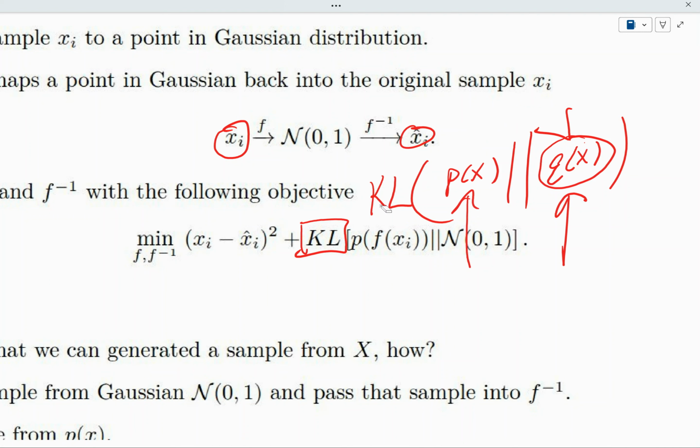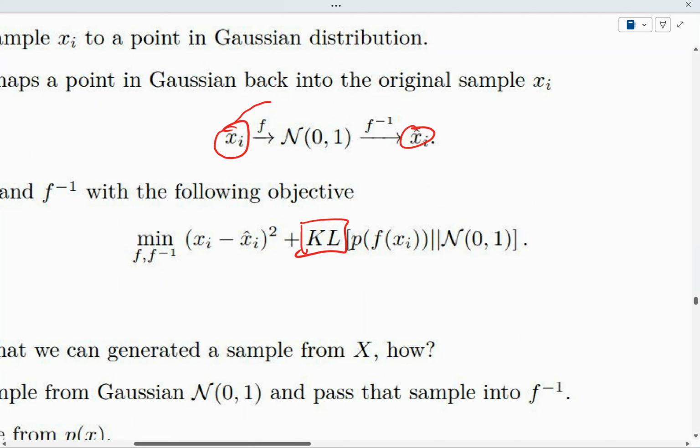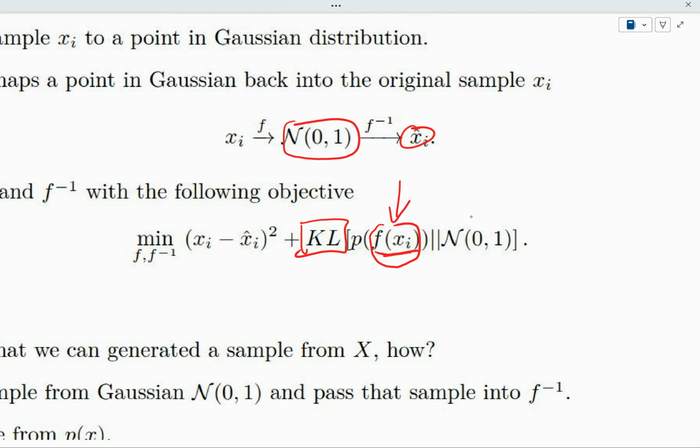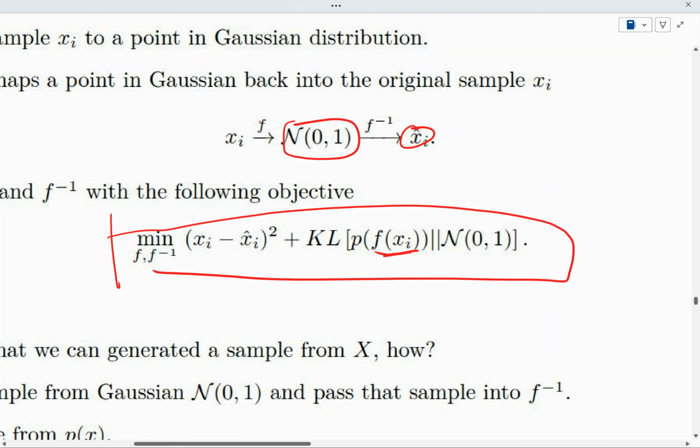And what we're saying here is essentially when we map the data through f, we want to make sure that the result is a nice Gaussian distribution. We want the probability of f of x_i to be as similar to the Gaussian as possible. So this objective essentially ensures that we have a function that maps the input to the output to be the same, and in the intermediate step, this step is a Gaussian distribution.